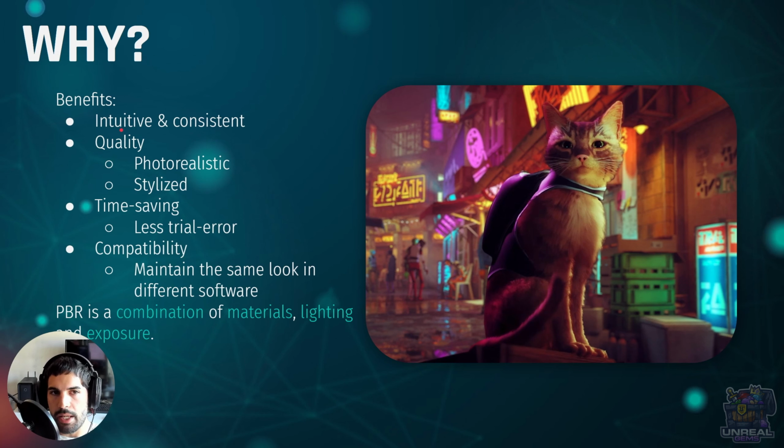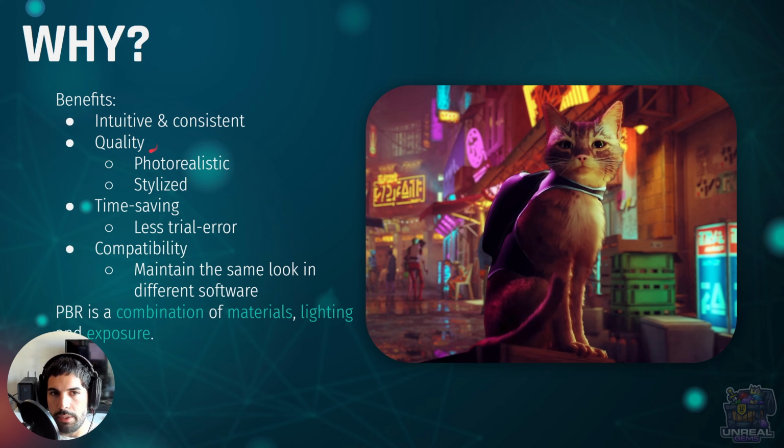So that means that I know that if the object is metal, it's going to have 1 in the metalness, for example, and I don't have to wonder about that. It is intuitive. I know the object is metal, so I need to have that parameter. And it is consistent, as we mentioned before. It will look good in all environments. And also, for all metal objects, it will be the same. So that's why it is intuitive and consistent.